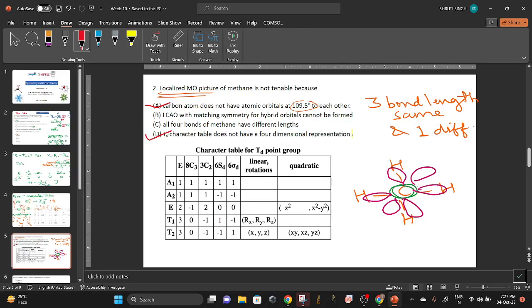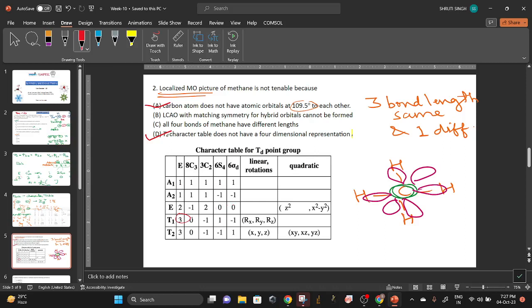The dimensionality is maximum 3, which means the maximum degeneracy can be 3 only. But here we have 4 degenerate bonds.